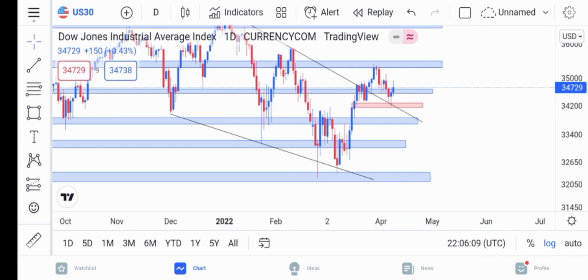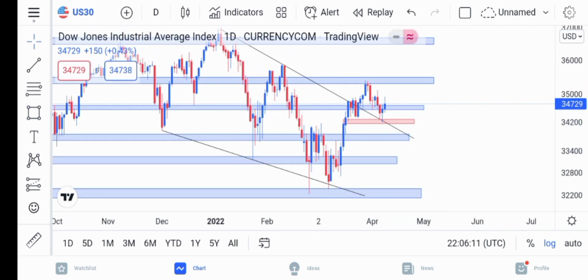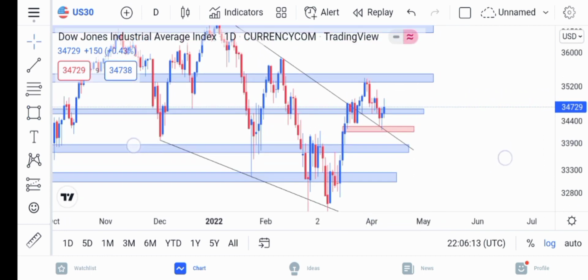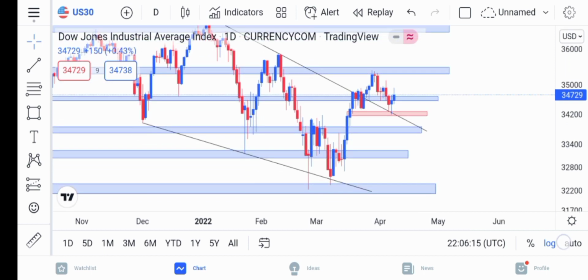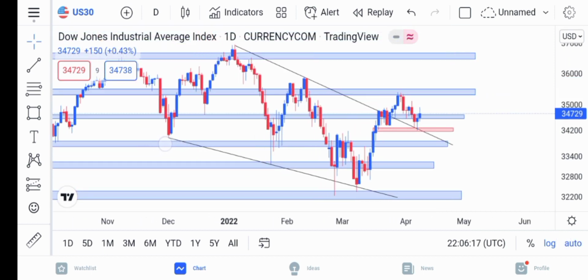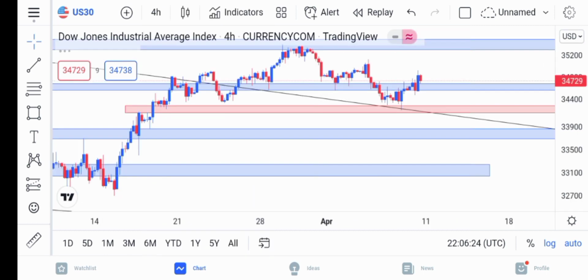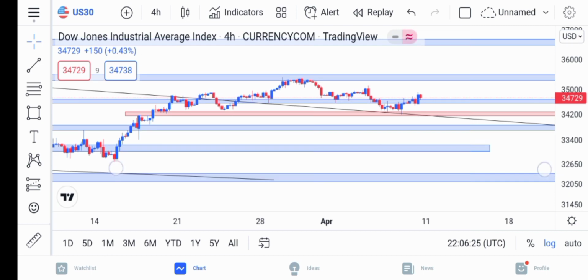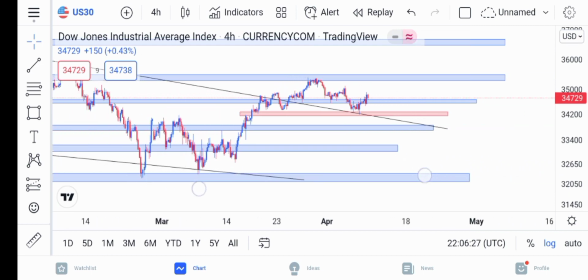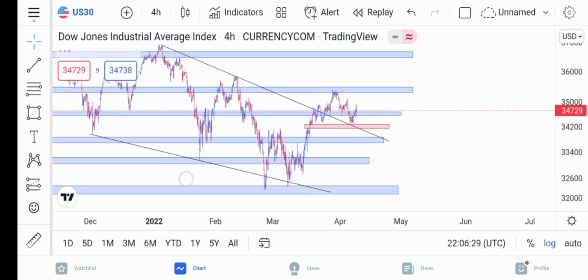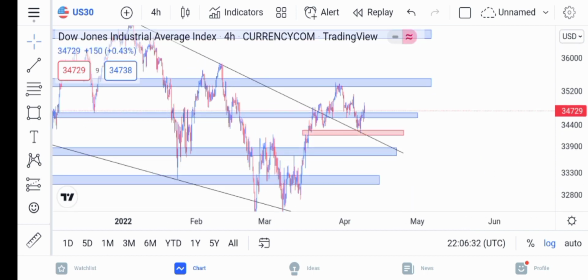Okay, so this is what you have on US30 on the daily time frame. So let us move to the 4-hour time frame to see what's really going on over there. Let me zoom out first.